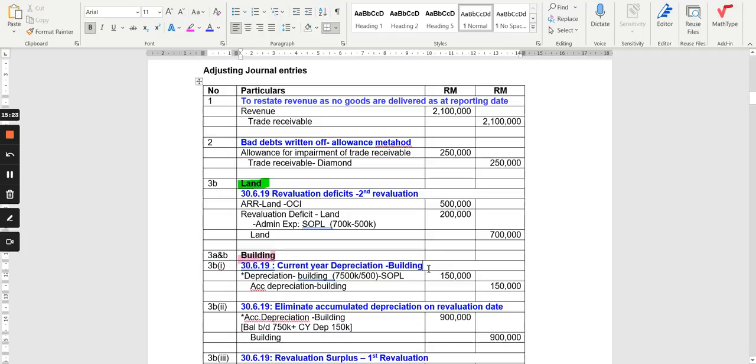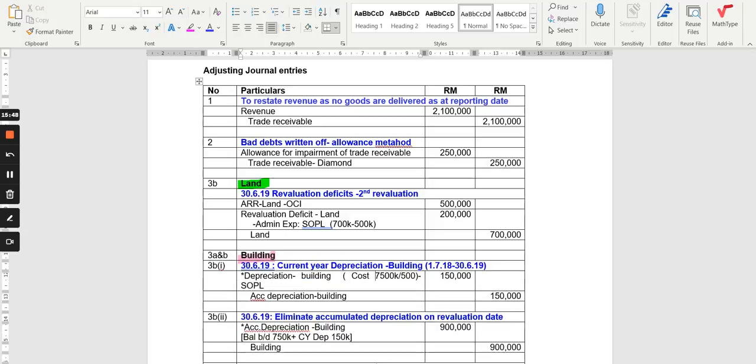Just show some time for you. 1st of July 18 up till 30th of June 19. The depreciation will still be based on the cost. Why cost? Because the revaluation took place on 30th of June 2019.